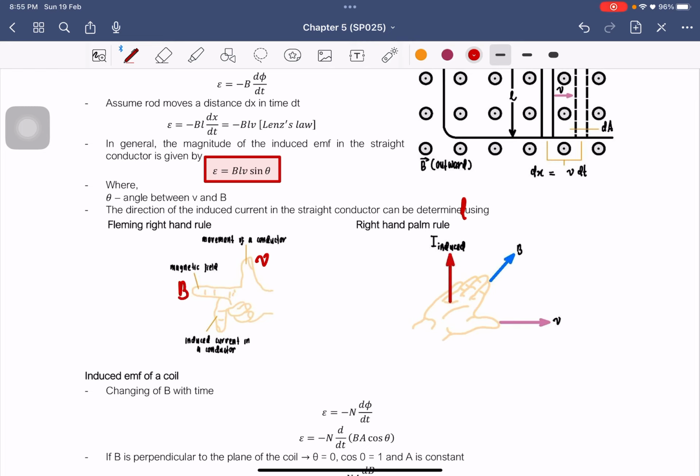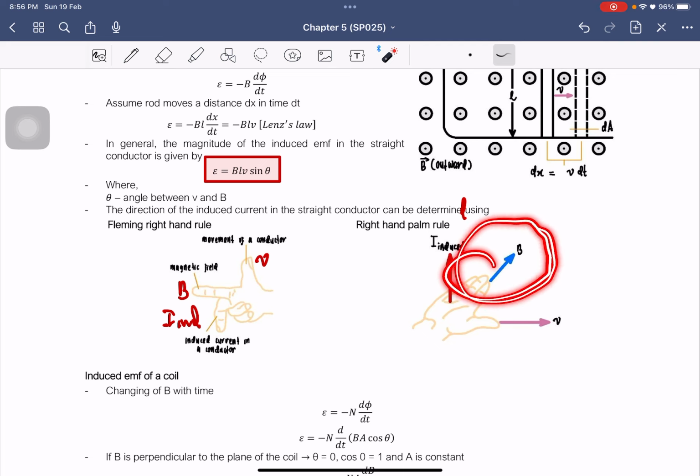Magnetic field is B. The pointing finger is telling us the direction of the magnetic field, and lastly the middle finger is the induced current. Okay, so that is the direction. For the right hand palm rule, the palm is telling us the direction of induced current, the fingers are telling us the direction of magnetic field, whereas the thumb is telling us the direction of velocity.